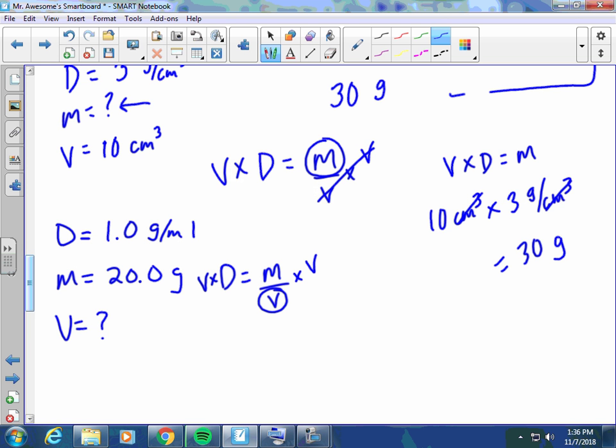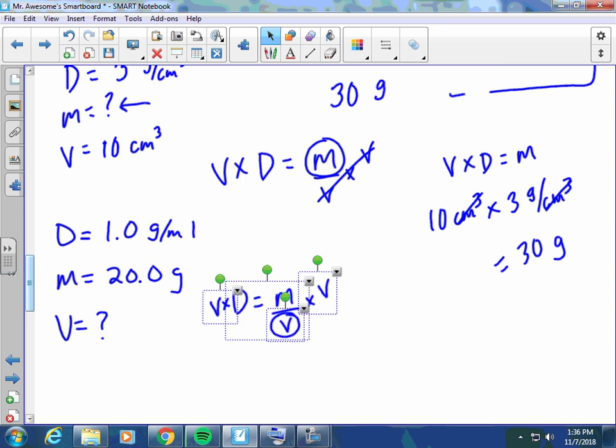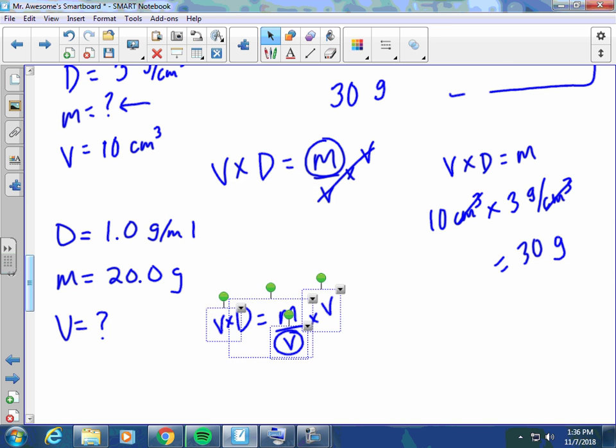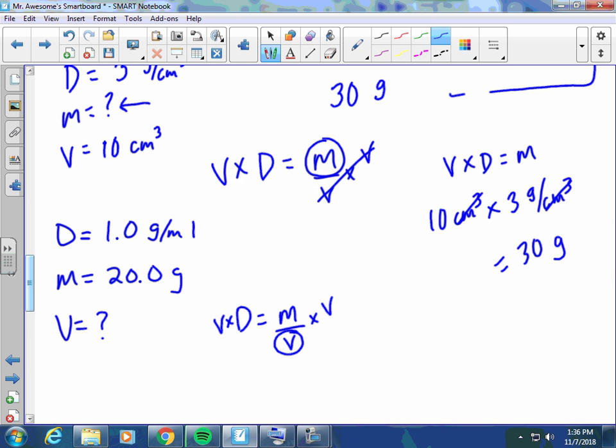I want to get it on the top part of the equation. I've got V on the bottom over here, I've got V on top, so V cancels out. That tells me the equation is V times D equals M. Oh, wait, that's not what we're trying to solve for.